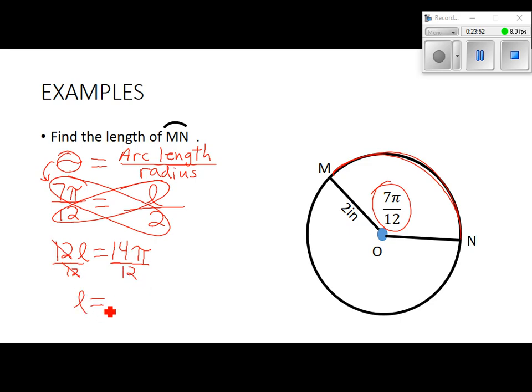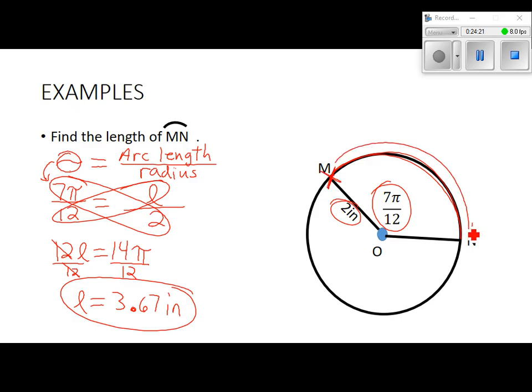You're left with L equals, and then you just grab your calculator. 14 times pi, equals, and then divided by 12, and I end up with about 3.67. And since our units here were inches, these are inches. So that's the length. If I start walking at M, and I walk till I get to N, I'm going to walk about 3.67 inches.